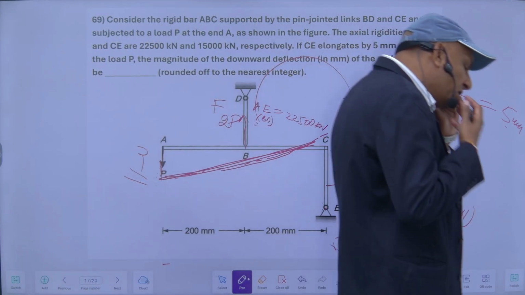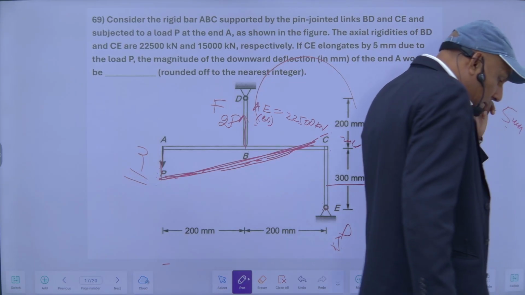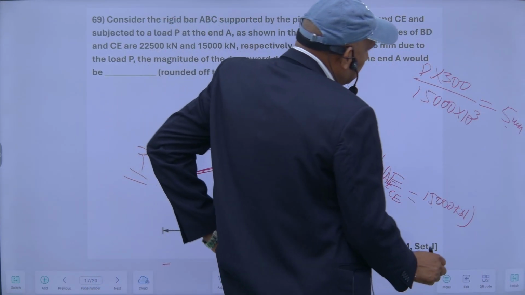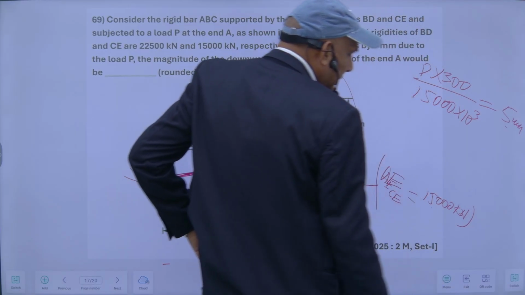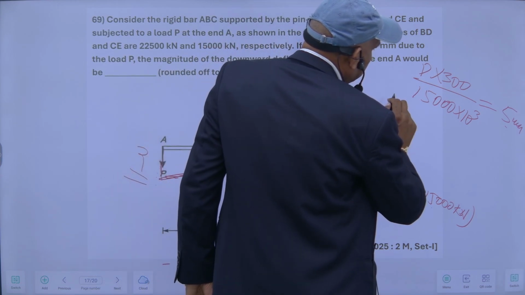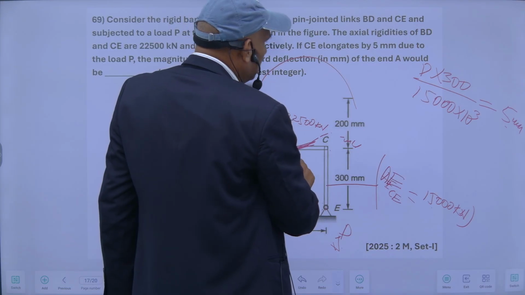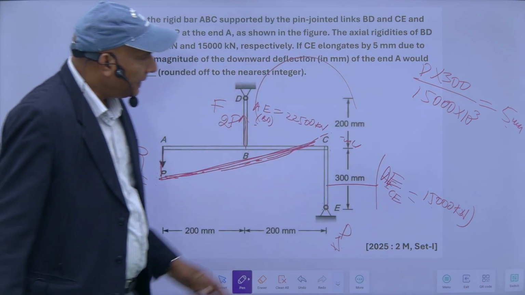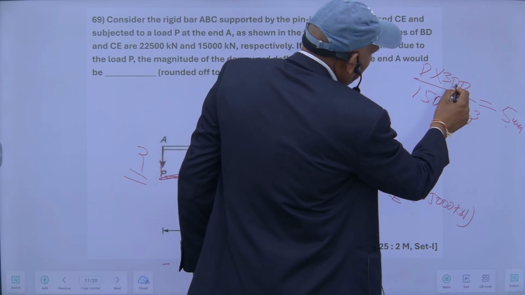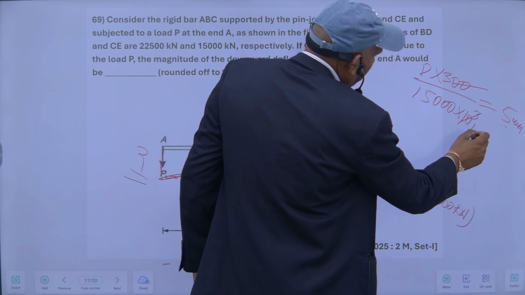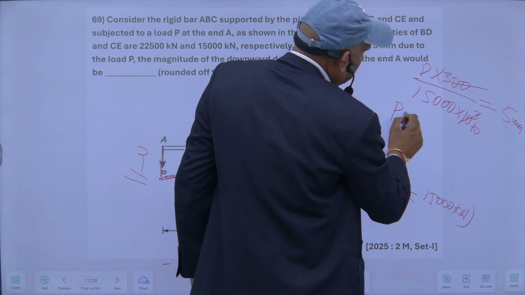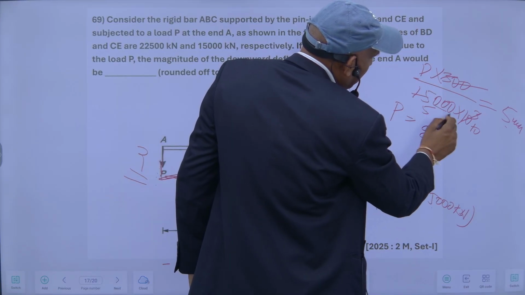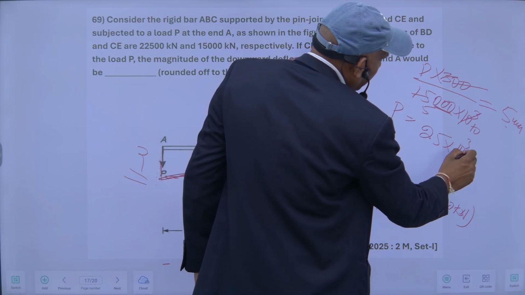In this equation we can find the value of P, and P will be equal to, this is 15,000 kilonewton, P into length, 5 into 25 into 10 raised to the power 3, this is in Newton.